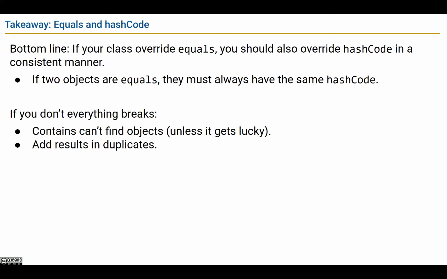Sorry, I can't quite hear you. If I have two variables that are equal, will they return the same hash code? Is that what you're saying? If I run the program a second time? Yeah. So if you run the program a second time, you can get different hash values. We saw that with memory addresses, they change each time you run the code, except I was unlucky today.